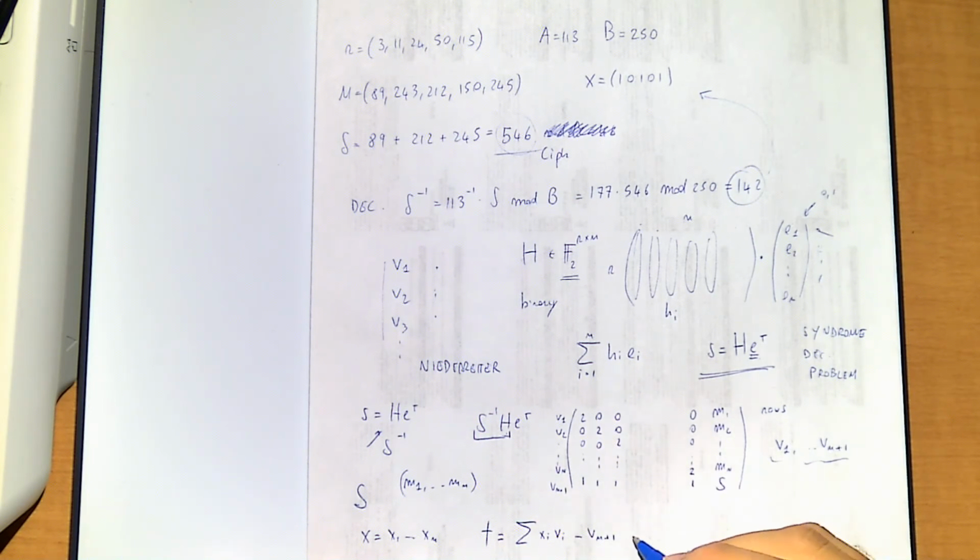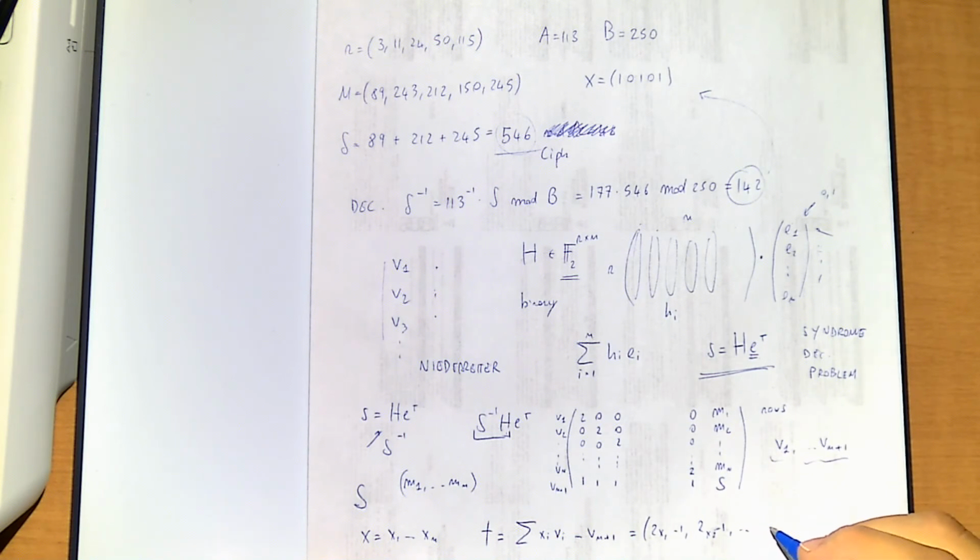And this is going to be something like 2x1 minus 1, 2x2 minus 1, and then 0 in the end. Because S is x1 m1 plus xn mn.